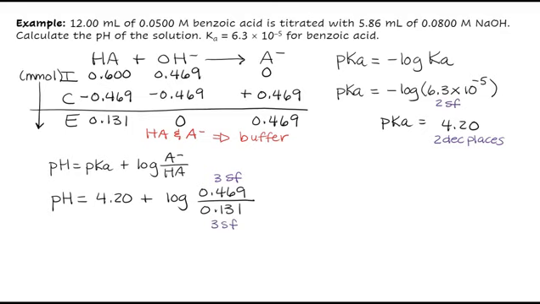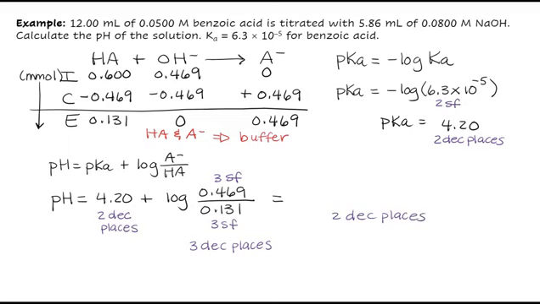So when we take the log of 3 sig figs, we need to keep 3 decimal places. Now it turns out that doesn't really matter because we only have 2 decimal places coming from our pKa. Because the final part of the calculation is addition, we need to round to the fewest decimal places. So when we do that final step, we'll need to round our pH to 2 decimal places.